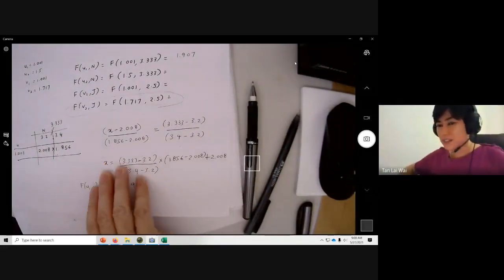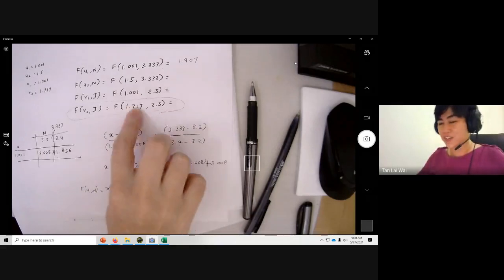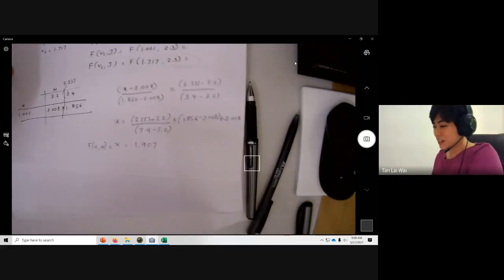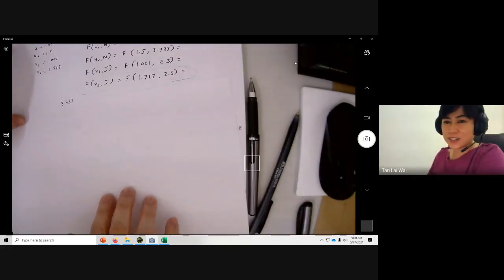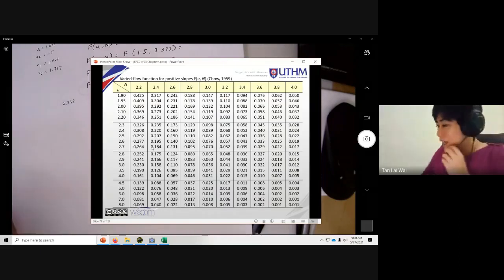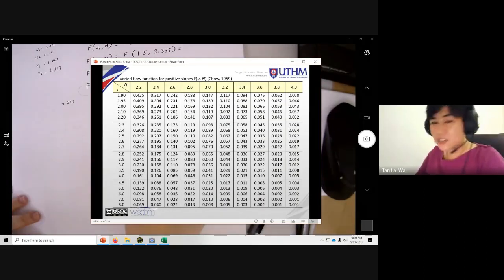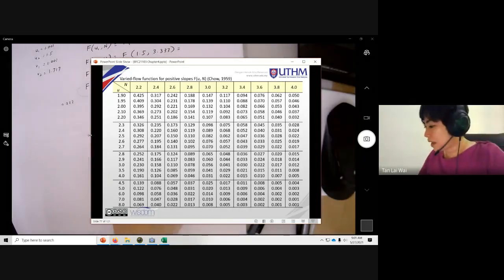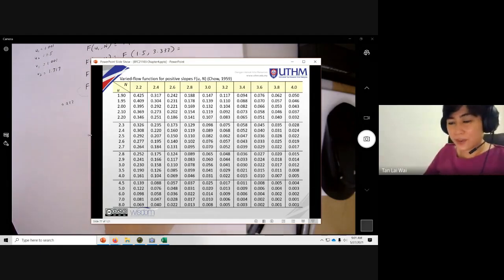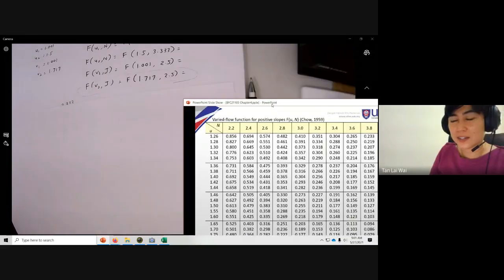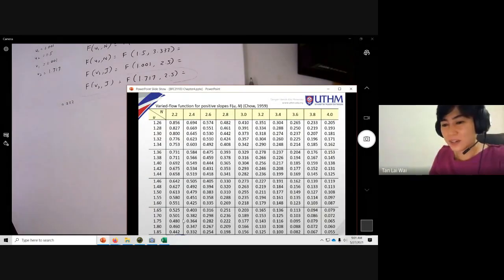Because this one, you need to do interpolation twice. Let's see how we are going to do that. I need to go back to that table. Now my J is 2.5 and my V is 1.717.